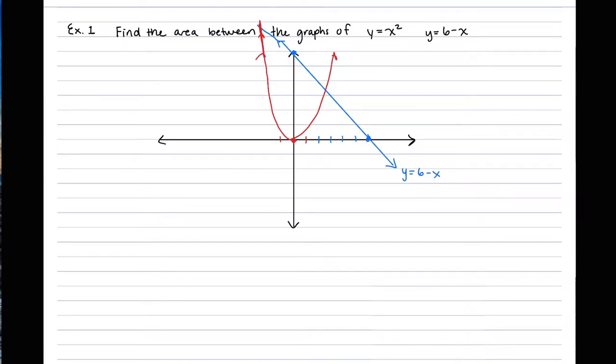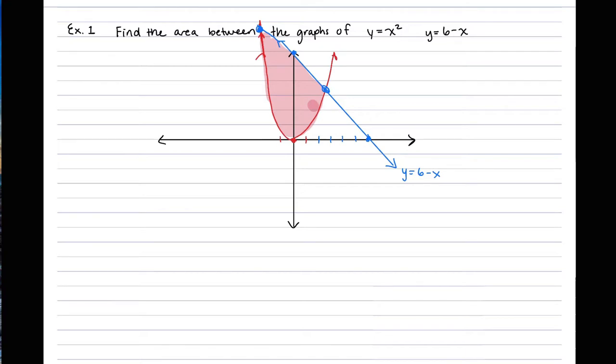Now we know, just based on the loose sketch, we're trying to find two intersection points because we need to find the area between them, and let's shade that. We're going to shade that in pink. We're looking for this area here.